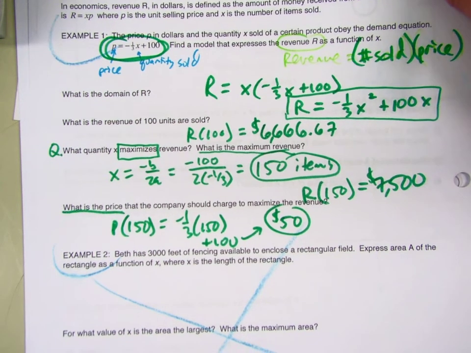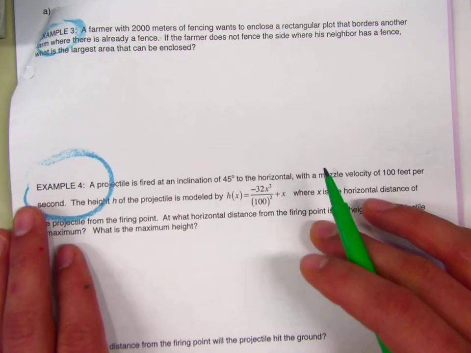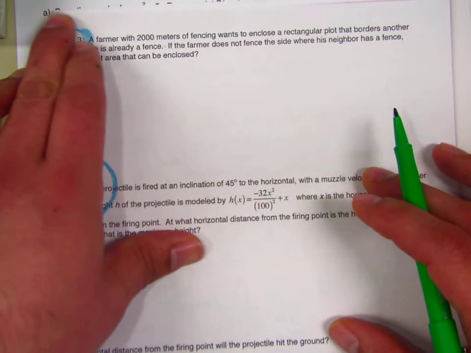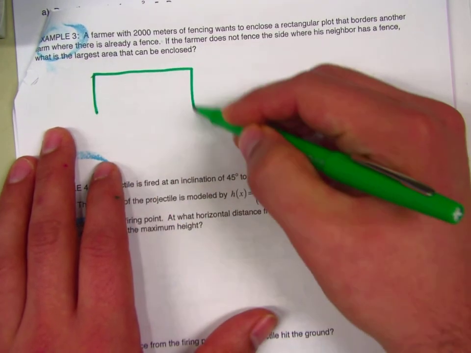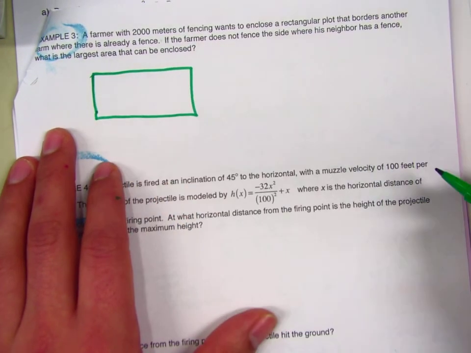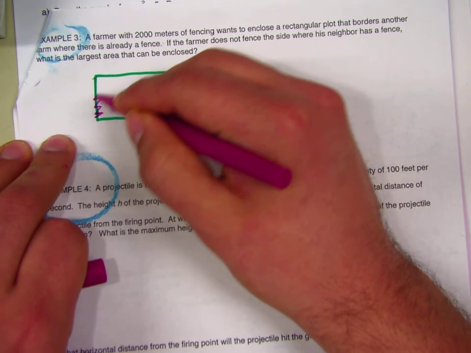Okay. Let's look ahead to, let's at least set up this third example here. Yeah, we do. Farmer, 2,000 meters of fencing. But there's already a fence on one of the sides.